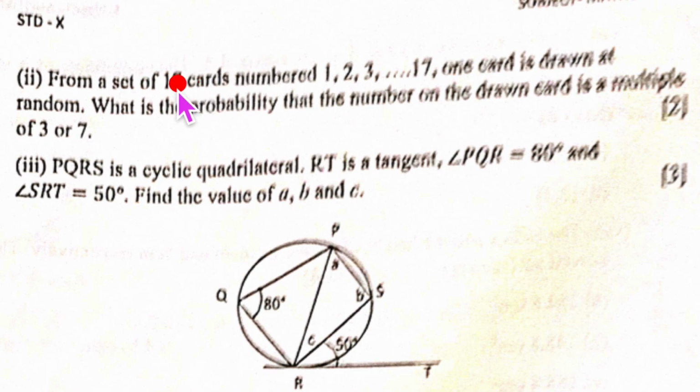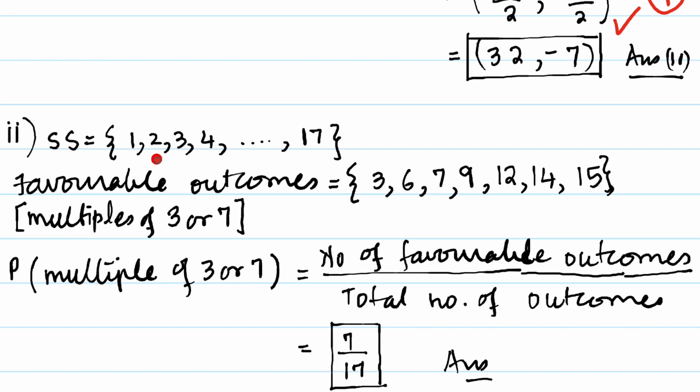Let us come to question 2, second part. From the set of 17 cards numbered 1, 2, 3 up to 17, one card is drawn at random. What is the probability that the number on the drawn card will be a multiple of 3 or 7? So we have to first write the sample space. Let's see how we write it. So here we have written the sample space.